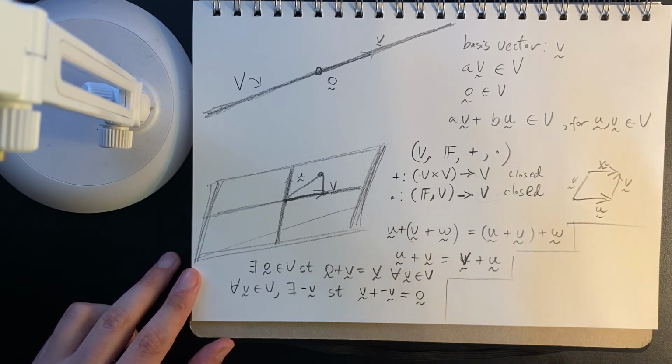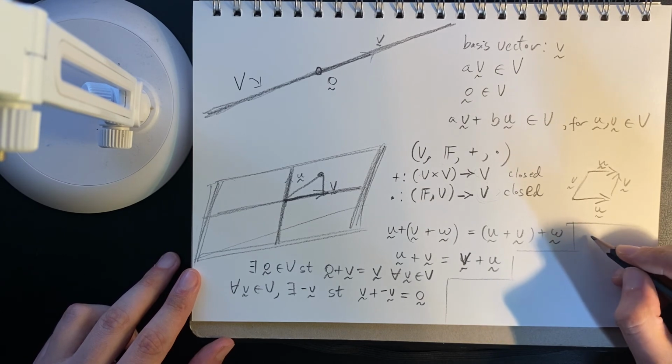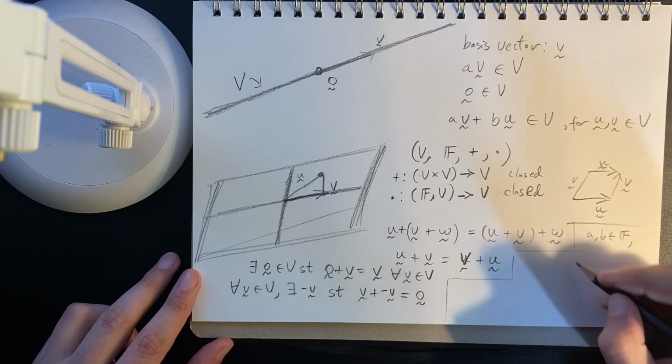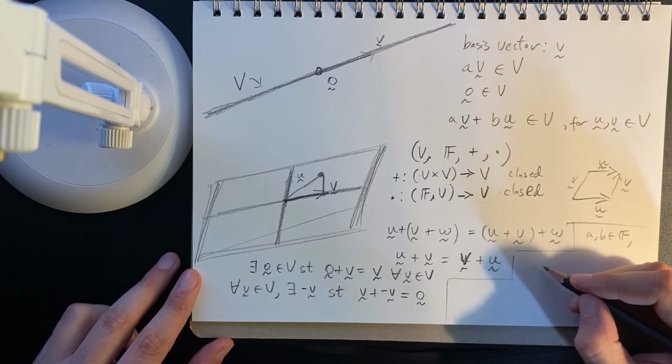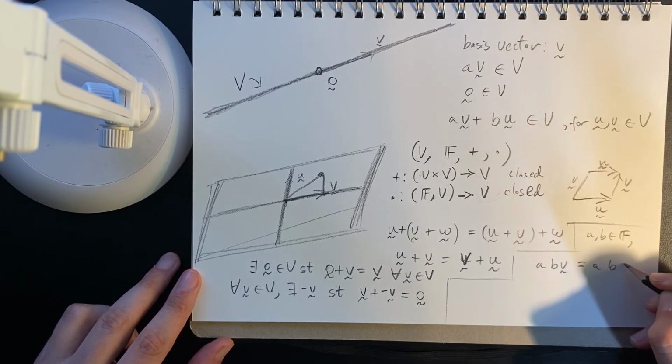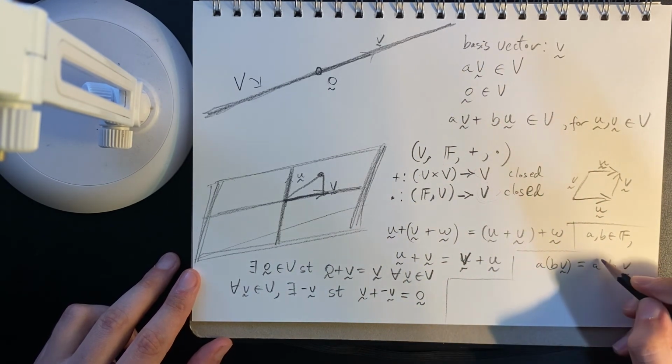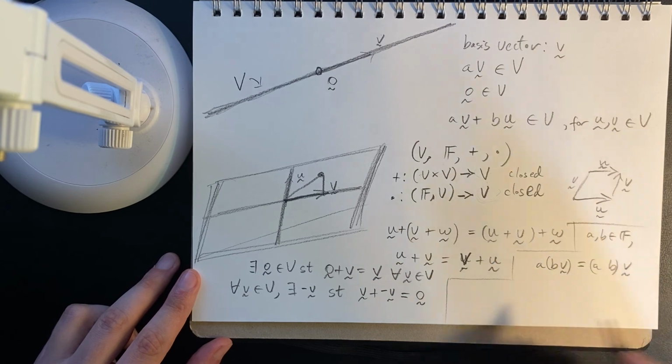Then we have some properties. So for A and B in our field, grouping things together shouldn't matter. So if I go B, v first, or A, B first, that should be the same thing.